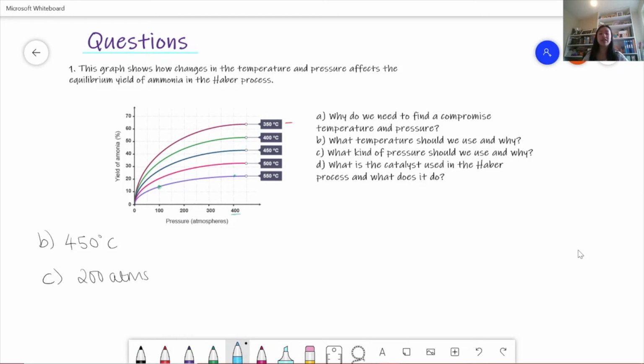So if we were using the 450 degrees Celsius and the 200 atmospheres, then our yield would be about 36%. So it's not too bad. Now, the catalyst that we use in the Haber process is actually iron. And what it does is that it just speeds up the rate of reaction. And so it should save the company money.